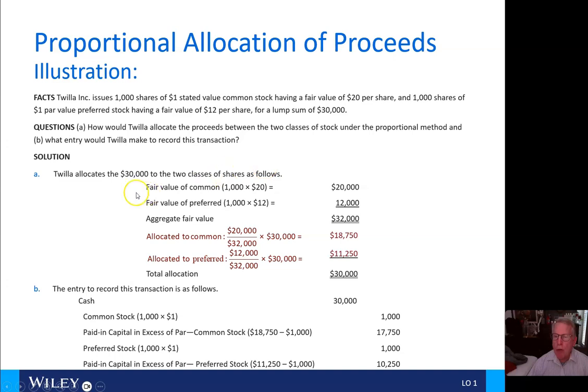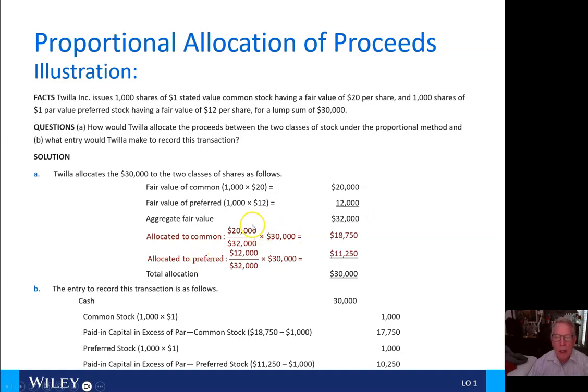Under the proportional method, we're going to allocate this $30,000 as follows. The fair value of the common stock is 1,000 times $20, or $20,000. Fair value of preferred stock is 1,000 shares times $12 per share. So the aggregate fair value is $32,000.